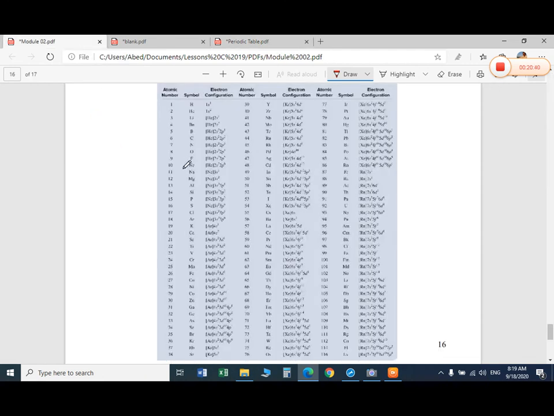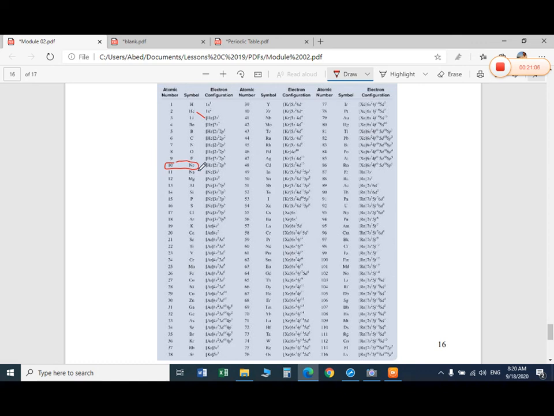See here, in the hydrogen 1s1, helium 1s2, this is complete. So in the lithium, instead of writing the 1s2, we write helium here. Similarly, when we reach neon, the neon has 10 electrons, so it means all the electrons are filled here.